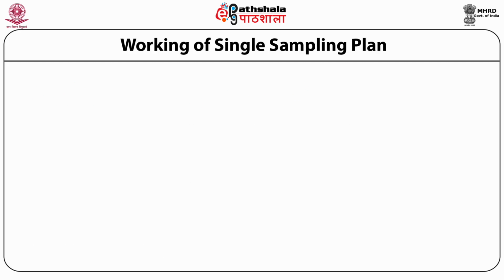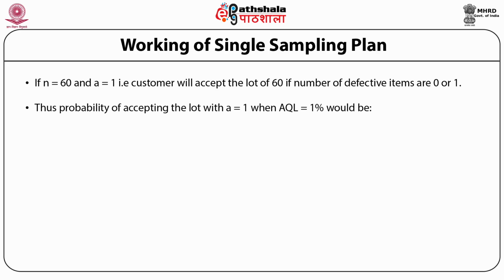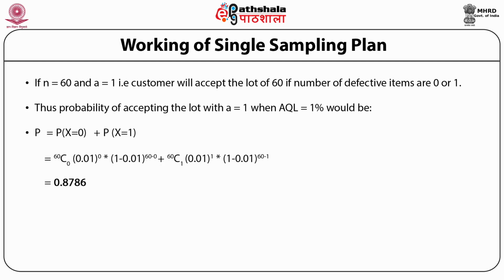If sample size N is constant and acceptance number varies: first, if N equals 60 and A equals 1, that is, the customer will accept a lot of 60 if the number of defective items is 0 or 1. Thus, the probability of accepting a lot with A equal to 1 when AQL equals 1% would be P(x=0) plus P(x=1).